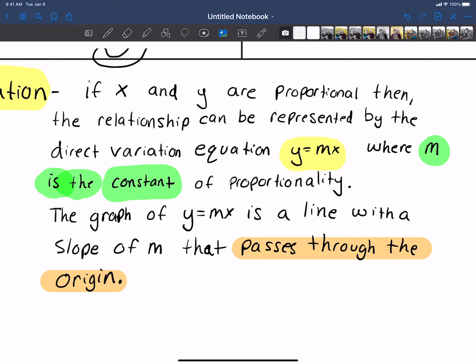If you're watching this video, then you can fast forward. Once you have that written, go ahead and use the highlighters to highlight how I did, okay?